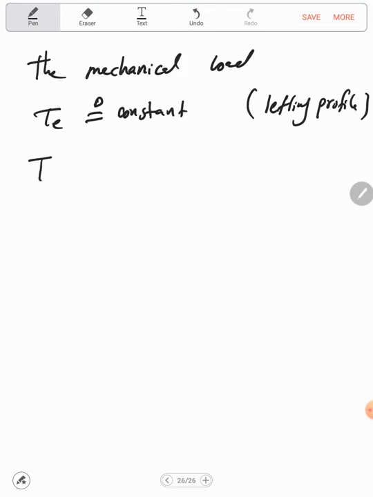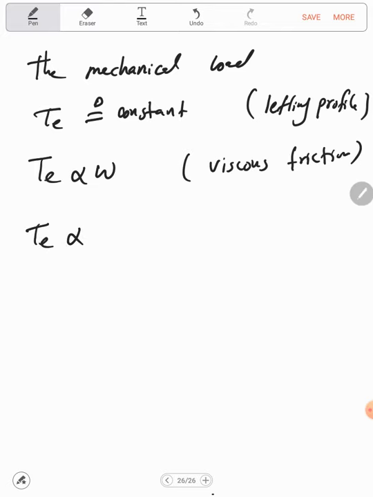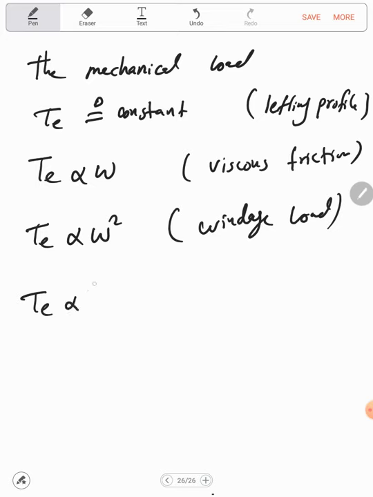Now TE proportional with omega is related to viscous friction, let's say. And we have TE proportional with omega square, and this is related to the windage load. And finally, we have TE inversely proportional with omega, and this is related to drilling load.